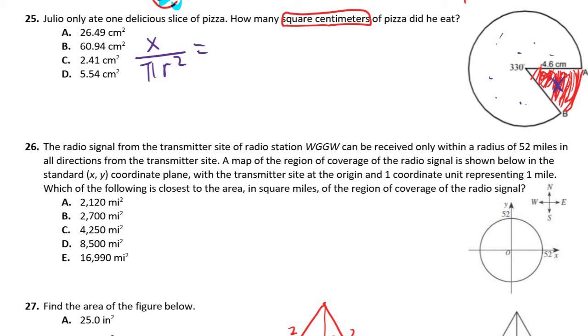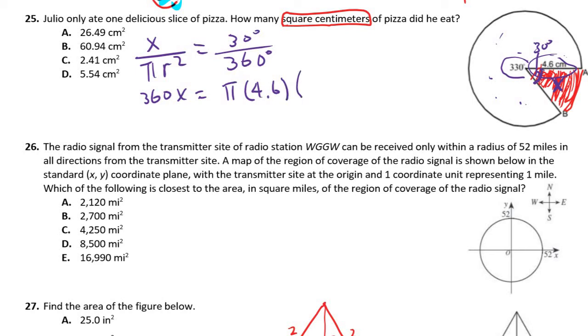And then the given angle here is 330. That means 30 is the little one here, 30 degrees. 30 degrees divided by 360 degrees. Then we can cross multiply and do 360x equals pi times, the radius given to us is 4.6.